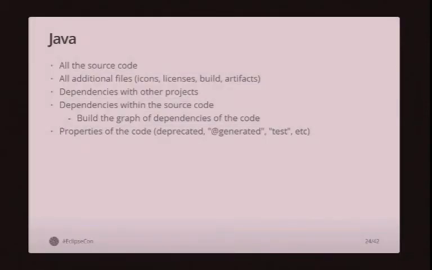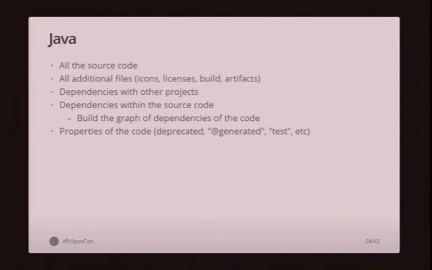So let's have a look at what Ariadne's connectors can do. First of all, I start with the Java connector, which uses the Eclipse JDT. It will analyze all the source code as well as all the additional files in your Java project: icons, licenses, build.properties, or any kind of artifact located in your project, pom.xml or things like that.